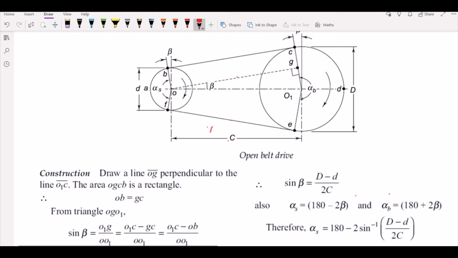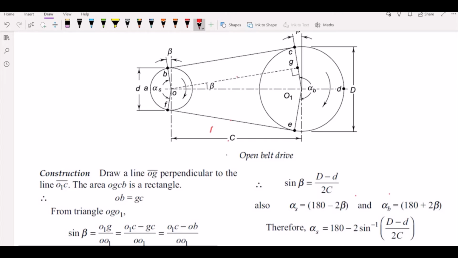OG is nothing but from cos beta. If I write cos beta from here, cos beta is nothing but this OG by this one OO. So from that, if I simply substitute, this will be C into cos beta.